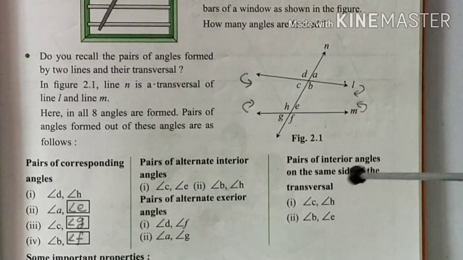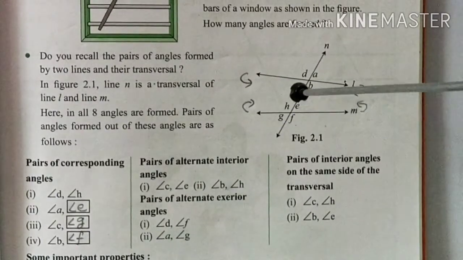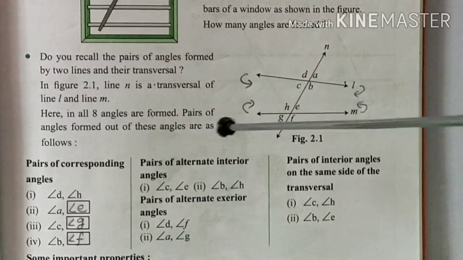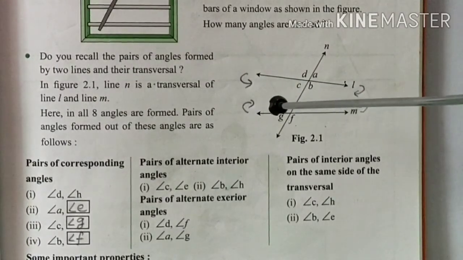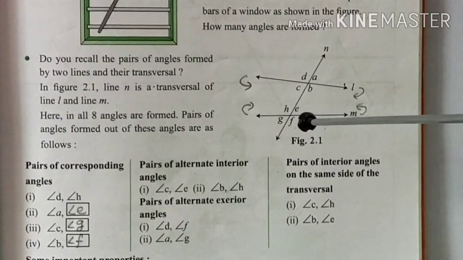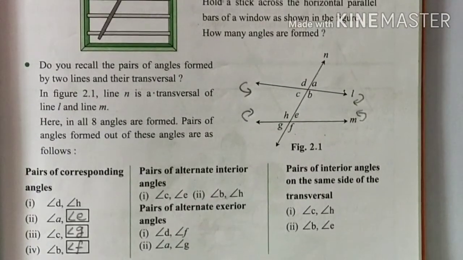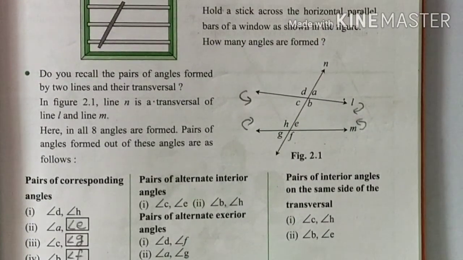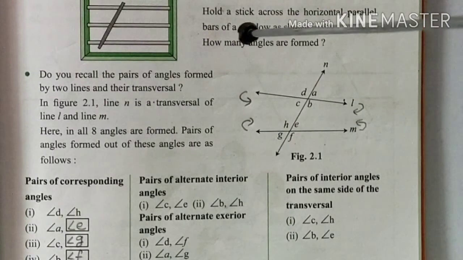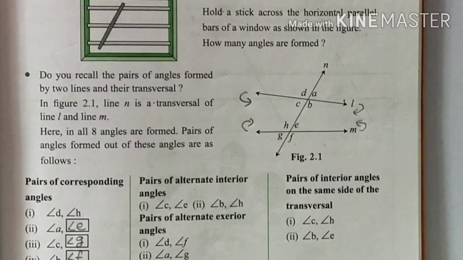So here C and H are on the same side of the transversal and in the interior portion of the lines. And similarly angle B and angle E are what? A pair of interior angles. Sometimes a figure is given and you have to write down the pairs of these angles. This example can be asked in the exam for 2 marks. Okay students.